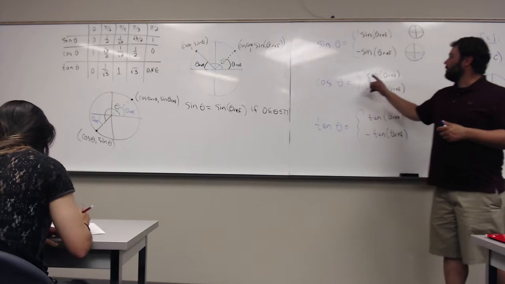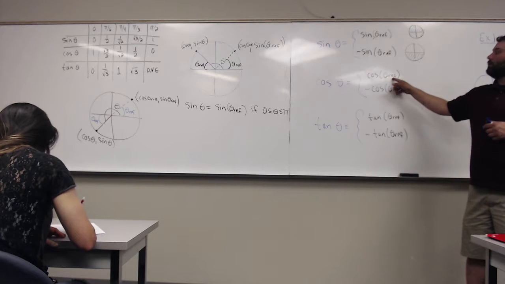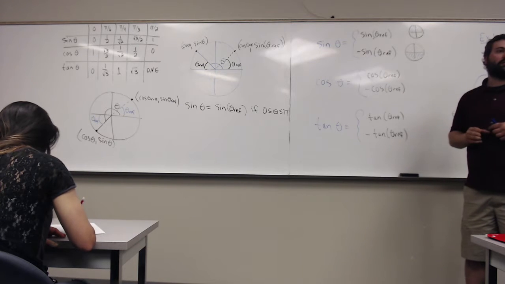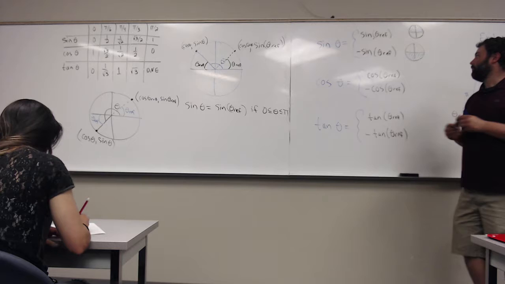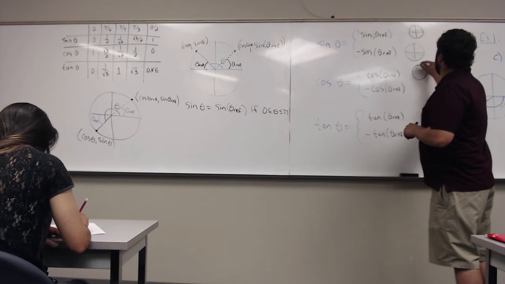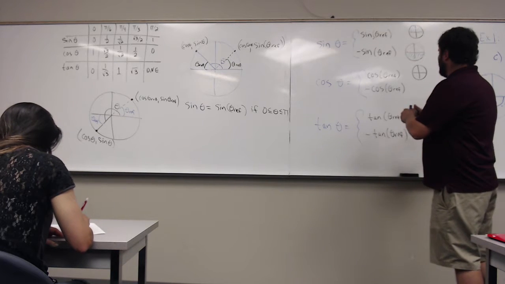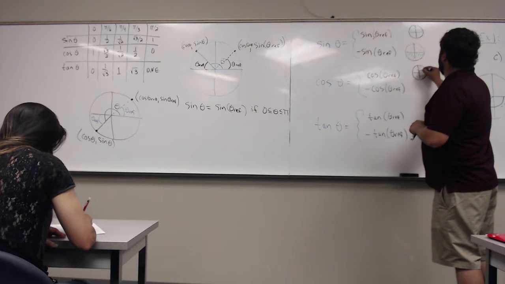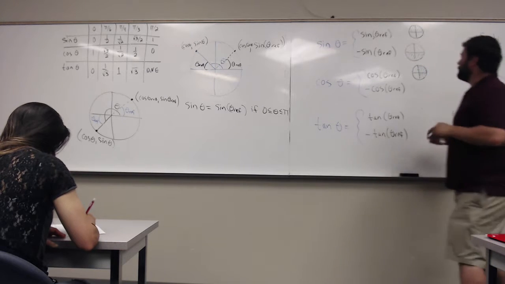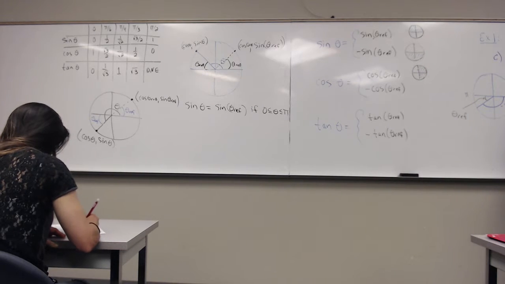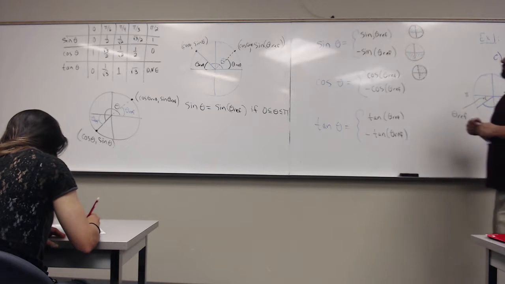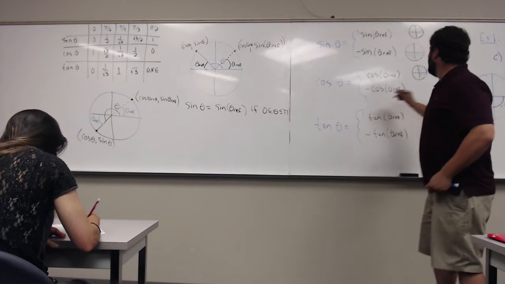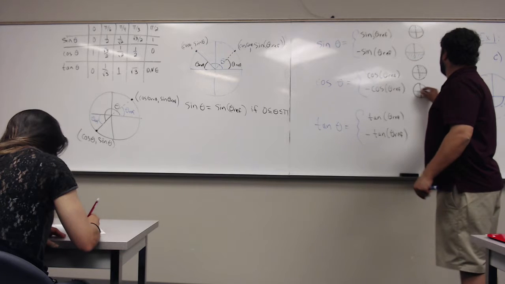Cosine of theta is going to be cosine of the reference angle. Which quadrants is cosine positive in? 1 and 4. Okay, so this picture now becomes, if your given angle is either in the first quadrant or the fourth quadrant. And then which quadrants is cosine of an angle negative? 2 and 3. Quadrants 2 and 3.